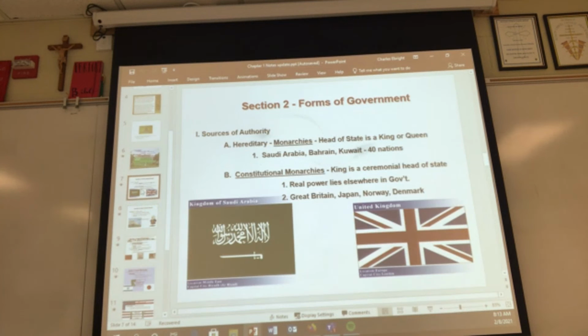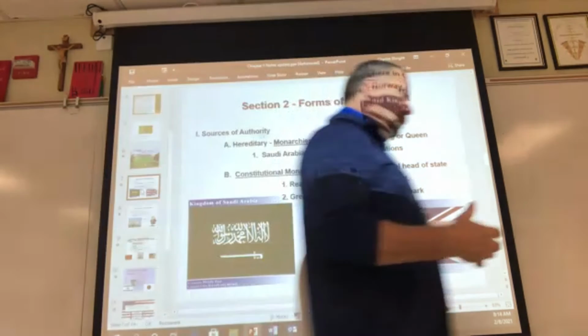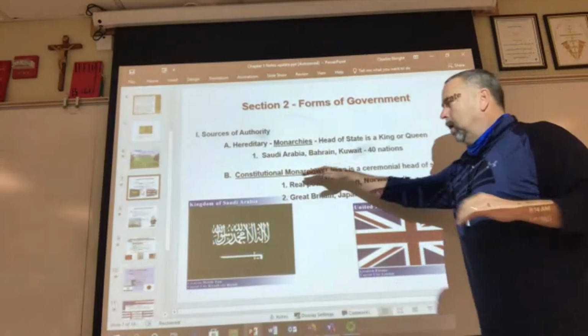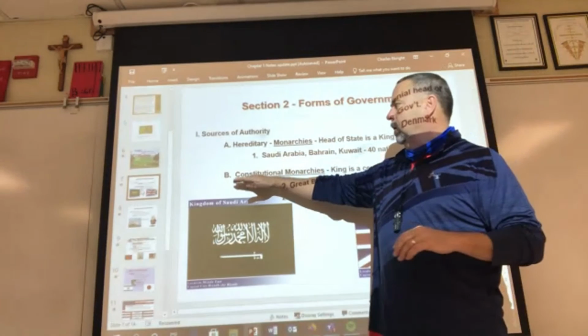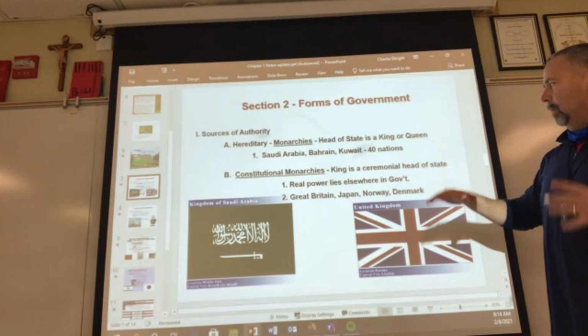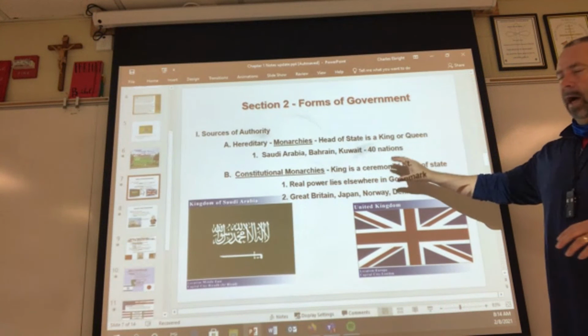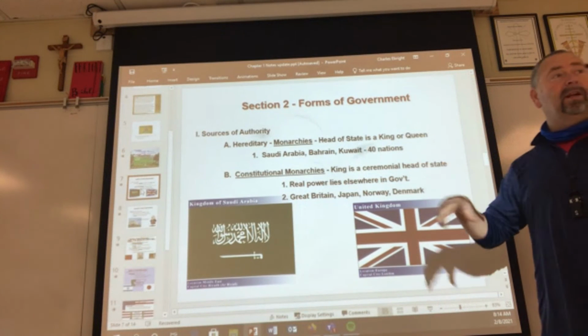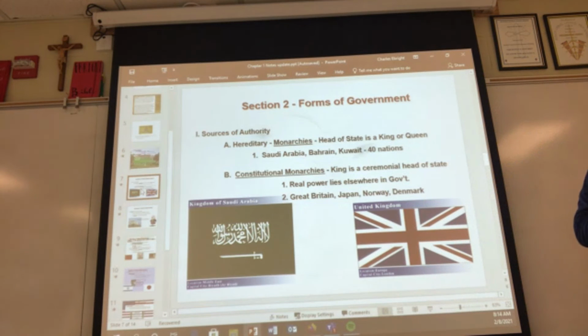And a constitutional monarchy. Okay, think Britain when you hear constitutional monarchy. And yes, there's a monarch, but the Constitution places the power somewhere else, generally with the prime minister or premier. A lot of these constitutional monarchies tend to be parliamentary systems.